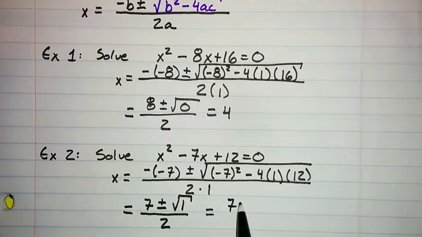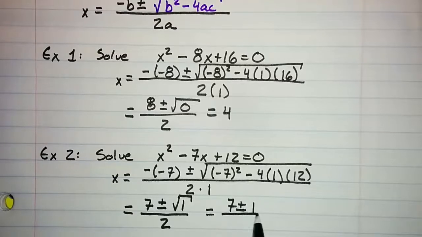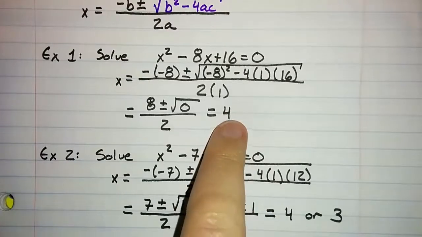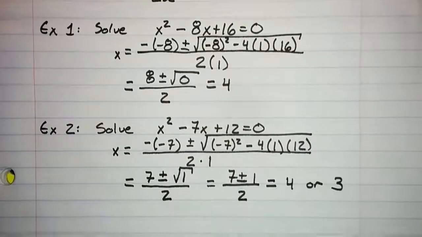So that's 7 plus or minus 1 over 2. Square root of 1 is 1. This is 7 plus 1 is 8 over 2 is 4. 7 minus 1 is 6 over 2 is 3. So here I got two whole rational numbers with no square roots in them. Here I got exactly one number.